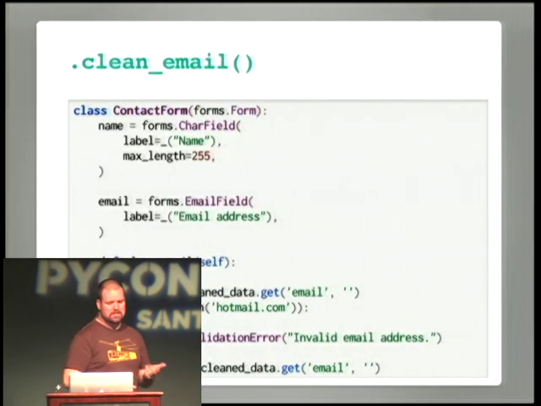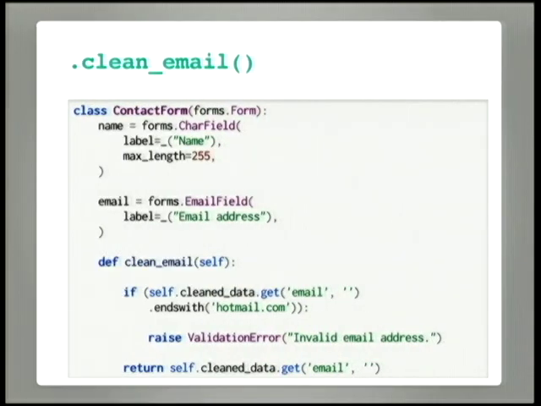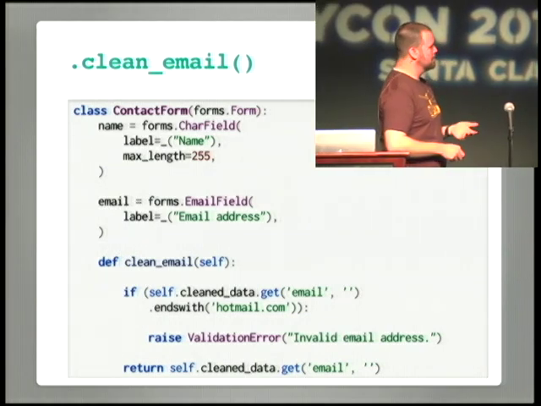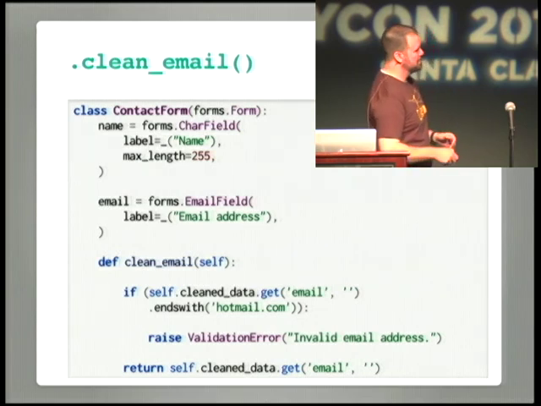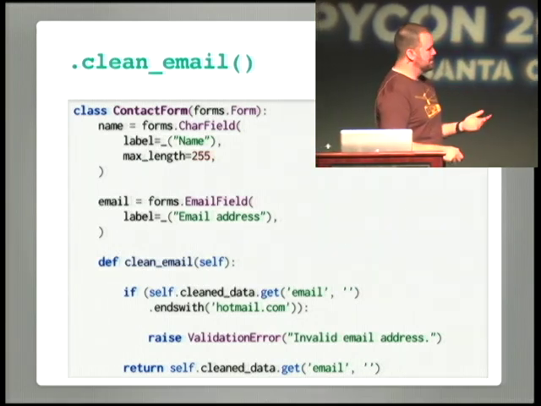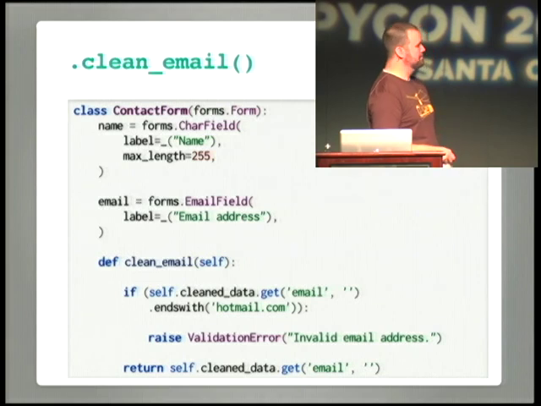So here's an example where I have my contact form, and I don't consider hotmail.com addresses valid. I could write this as a validator, but this is a clean example. So I have the clean email method. I get the email out of cleaned data.